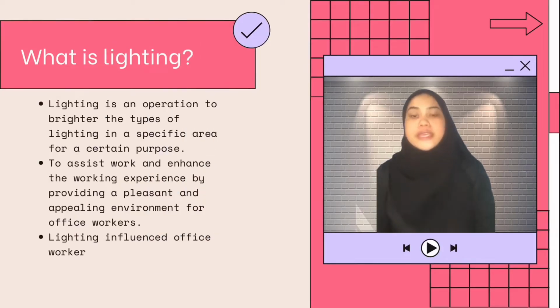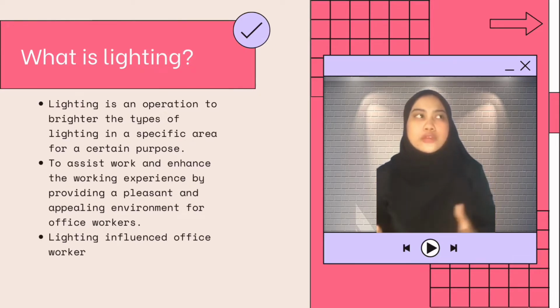Let's start by looking at the first slide, which is what is lighting. Lighting is an operation to brighten specific areas for a certain purpose. The major goal is to assist work and enhance the working experience by providing a pleasant, appealing environment for office workers.